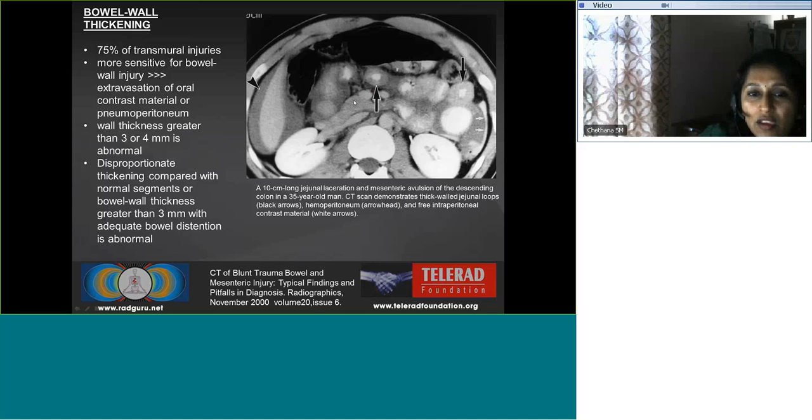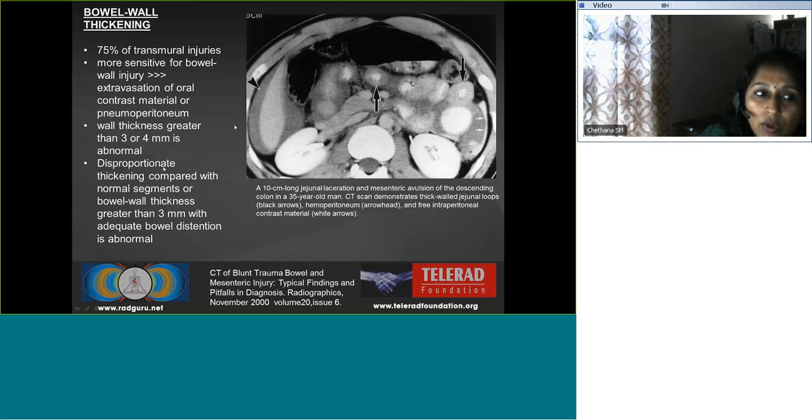How do we say a particular bowel is thickened, that is, abnormal bowel wall thickening? There are two criteria. The first one is there should be disproportionate thickening when compared to the normal segments. For example, if we see this bowel or this bowel, there is disproportionate thickening.